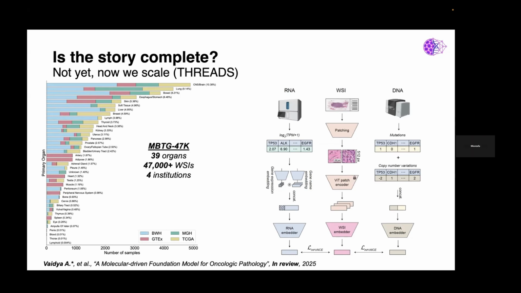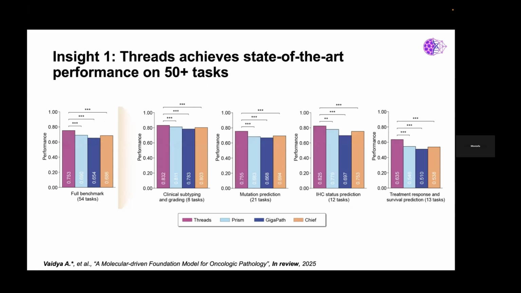Sure. And the results section, sorry. In this slide, yes, this one, in Chief, what kind of language data did you use with Chief? Just to be clear, we did not train Prism, GigaPath, or Chief. We only used their available weights.